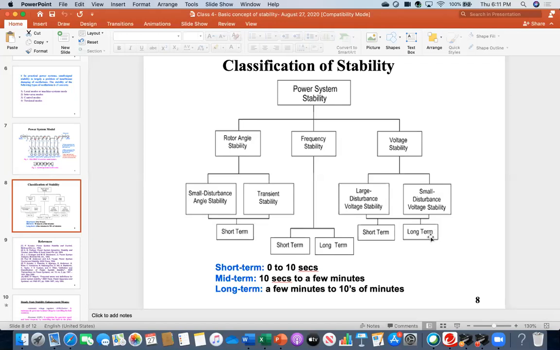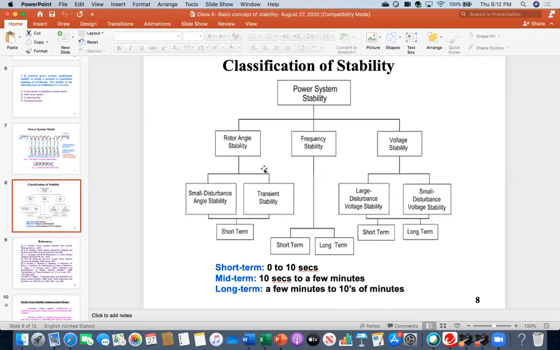That is the example of long-term. It can last a few minutes to tens of minutes, or even several days or a month, where continuously the voltage issue and frequency issue is going on. But rotor angle stability or transient stability is always short duration. This means within that time frame of 10 seconds, the system must come back to the stable condition.